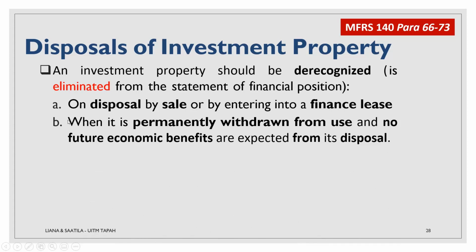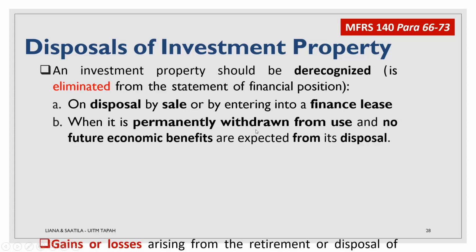Next is when it is permanently withdrawn from use and there is no future economic benefit expected from its use, no longer being used as investment property, no longer used for rental.